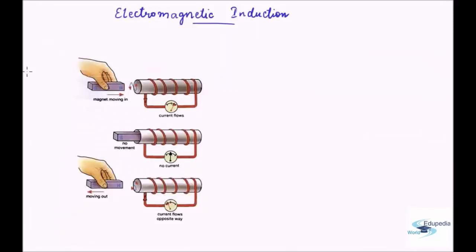Now the experiment is set up something like this. You take a coil wound like this and a galvanometer to see if there is any deflection, thereby showing that there is a current generated.